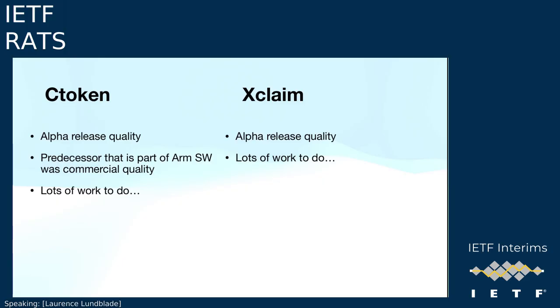It should support CMW. That would be a nice thing to add to CToken, but there's a lot of work to do there. And same with Xclaim, lots of work to do. I was kind of excited about getting Xclaim together, because once all this stuff gets glued together and works nicely, you'll be able to encrypt and decrypt and sign and verify tokens with the command line.